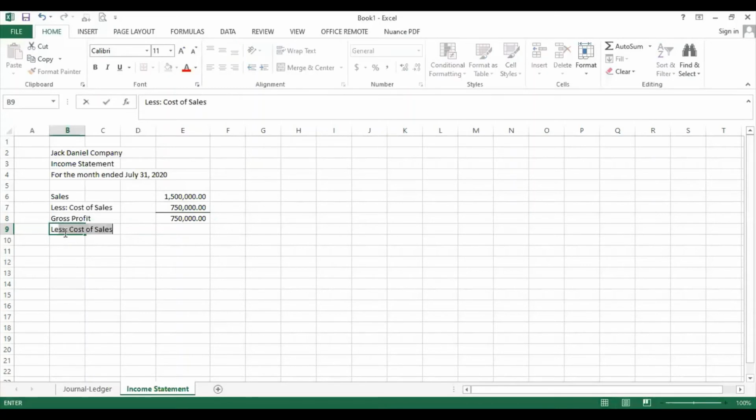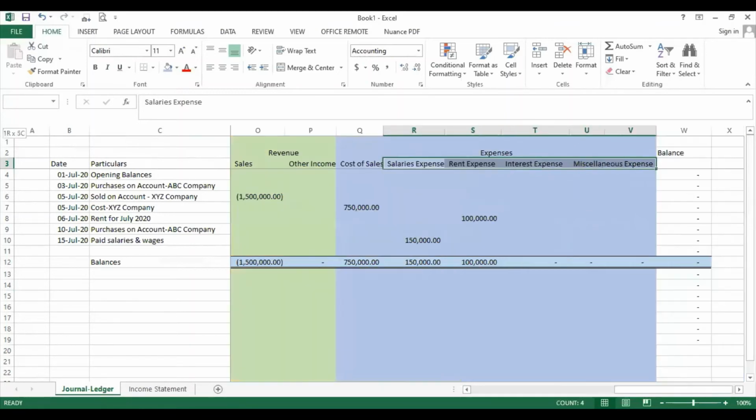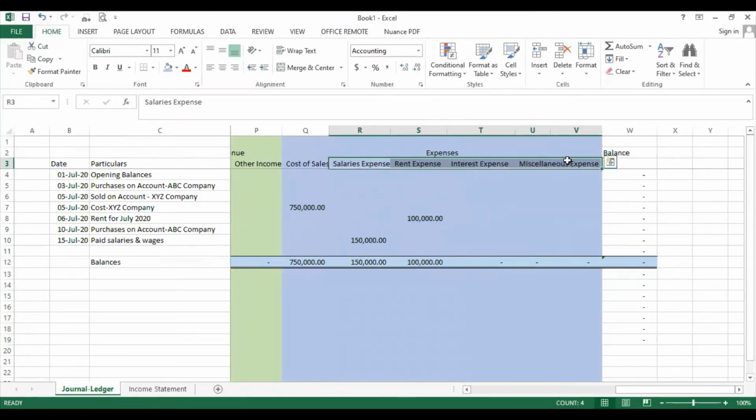Next, we will have less operating expenses. We have a few expenses here: salaries, rent, interest, and miscellaneous. So we'll just copy this. Control C or copy.